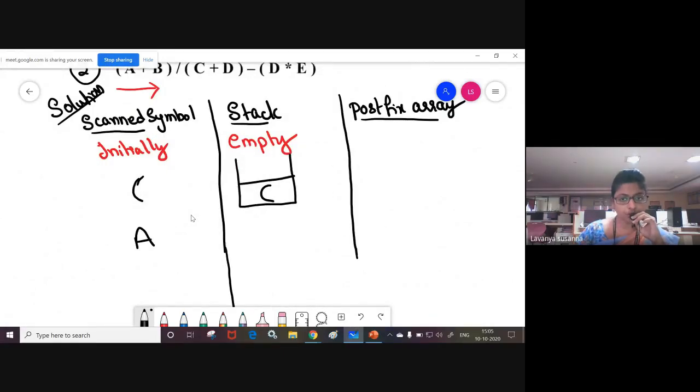What do you need to do if you get an operand? You need to add it to the postfix array. Here A, B, C, D, E are operands. Operators are nothing but symbols. Add it to the postfix array and write down the stack as it is. Previous stack, open bracket, right? Write down the stack as it is.